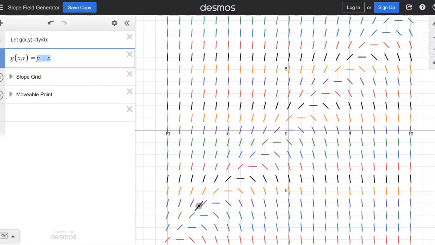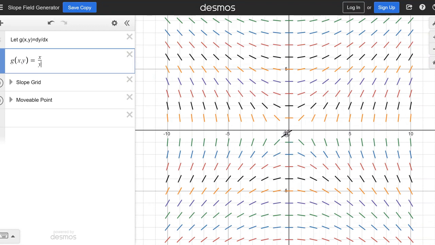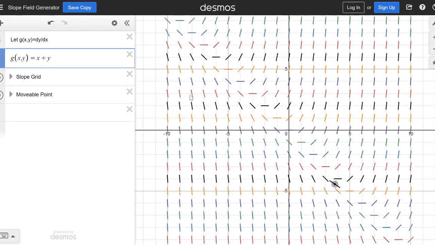You can have lots of slope fields. You could have y squared, and it would look something like this. You could have x over y, and hey, that's giving me hyperbolas on either side of the origin. Or I could have x plus y, and it would look similar to y minus x because I've just changed one sign.